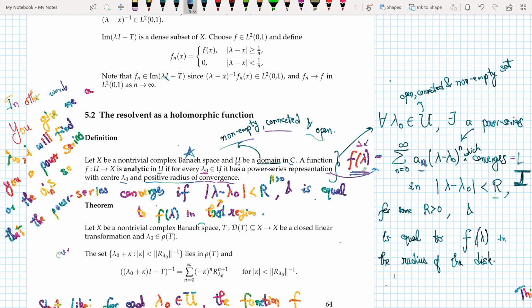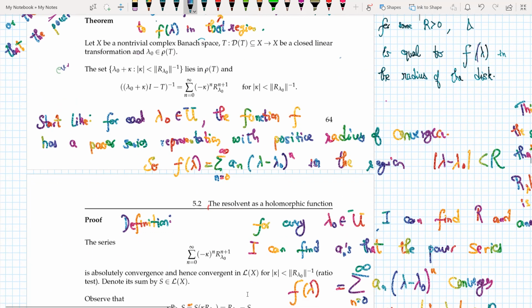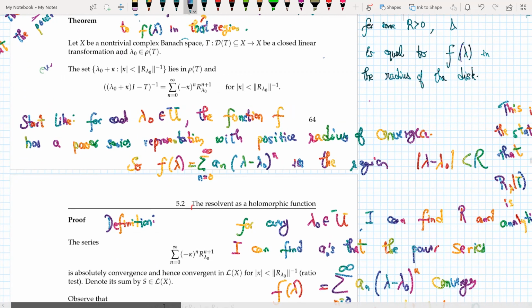So finding a power series means finding those a_n's such that this converges in this region, and is equal to f lambda in that region. This is a basic idea of what is about to happen in the time to come.